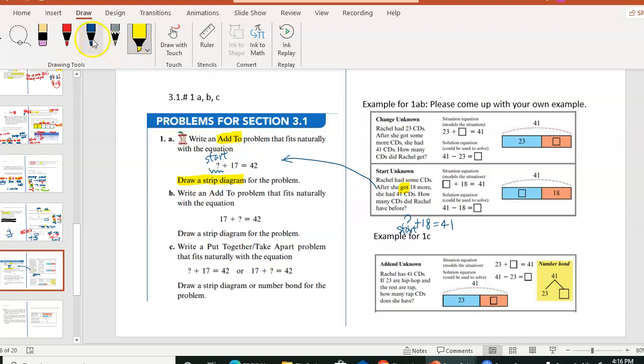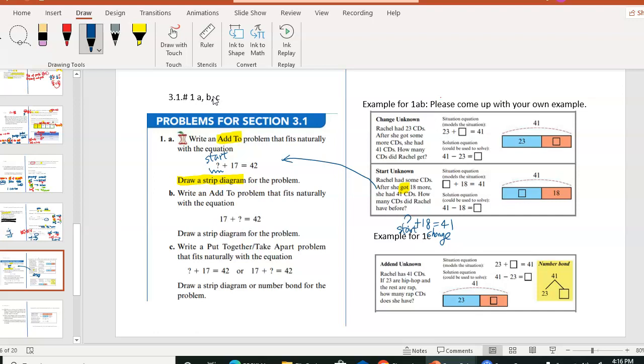So we add 18, and 18 we often call the change. One of the types is add to, because you got something from somebody. You're not giving away. If it's giving away, it's like a takeaway problem. Here you got some more, so she added 18 more CDs to her collection.